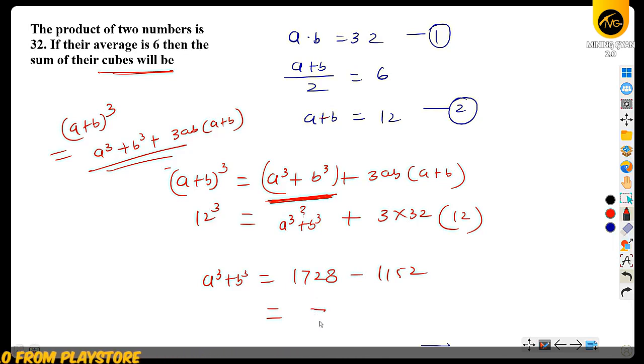Correct, 575 is the answer. 576, right? Not 575, 576.